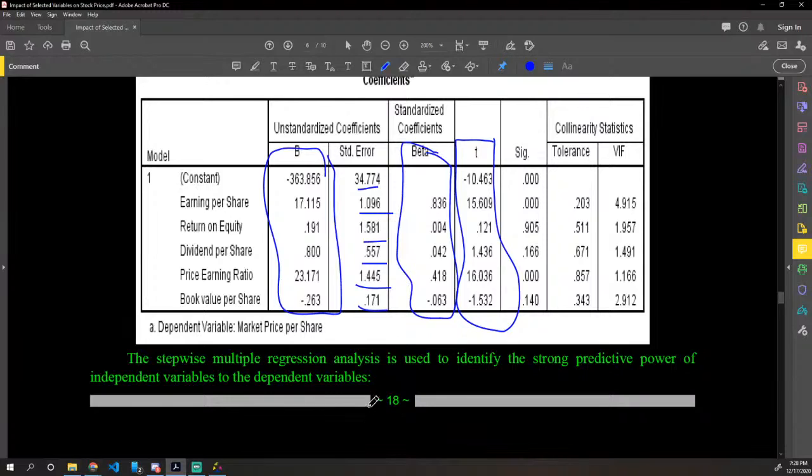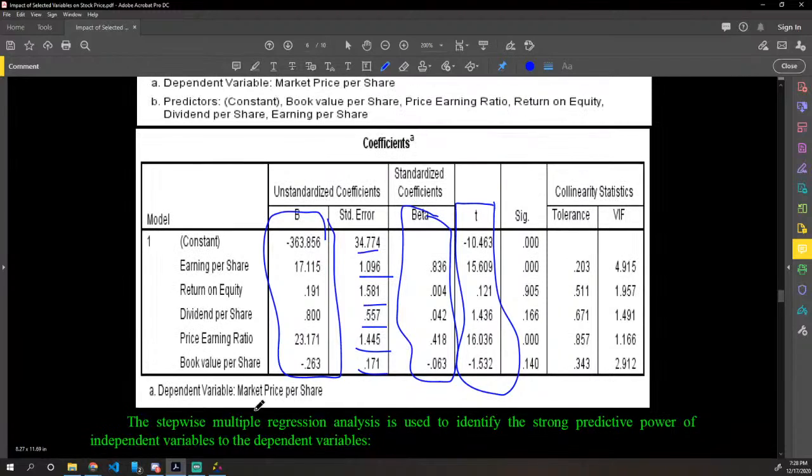Stepwise multiple regression analysis is used to identify the predictive power of the independent variables to the dependent variable. Significance is anything less than 0.05. Yep, there is dividend per share, book value per share.